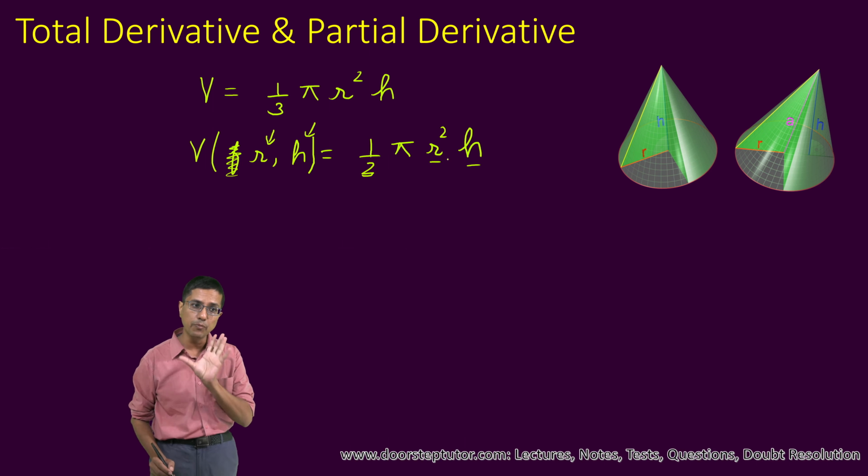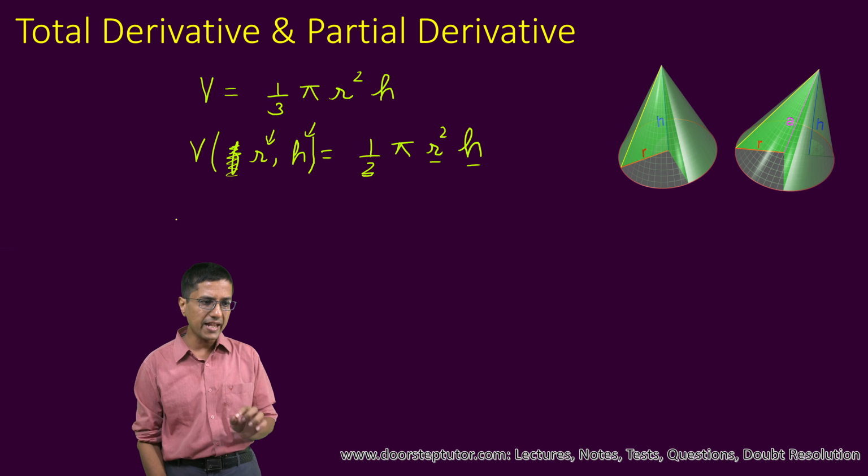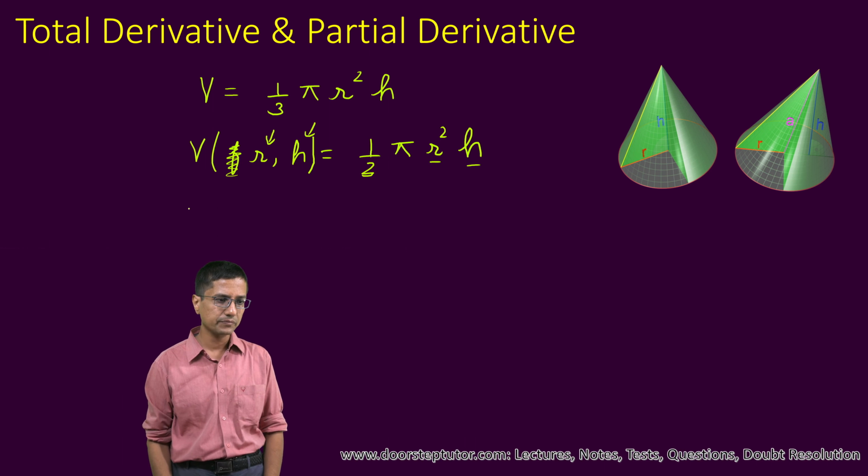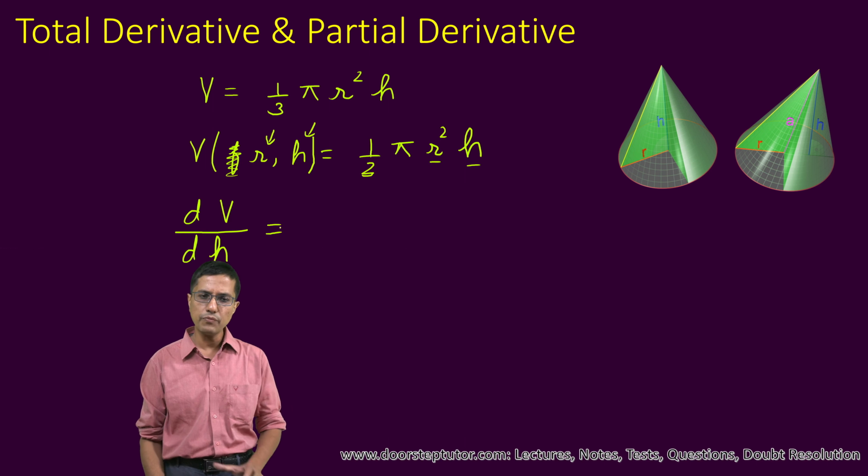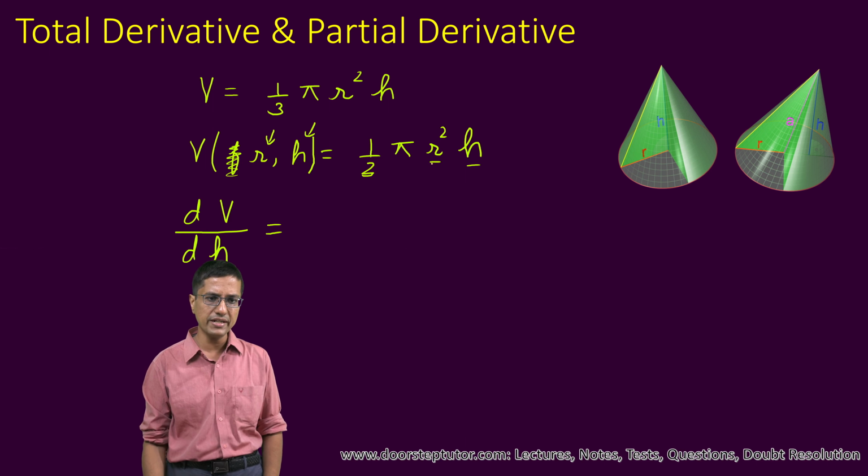We can change both. So if we take the derivative, this is the complete derivative of dv by dh, with respect to height. What would that come out to be? First we'll differentiate with respect to h. These two are in multiplication. This is the normal derivative.